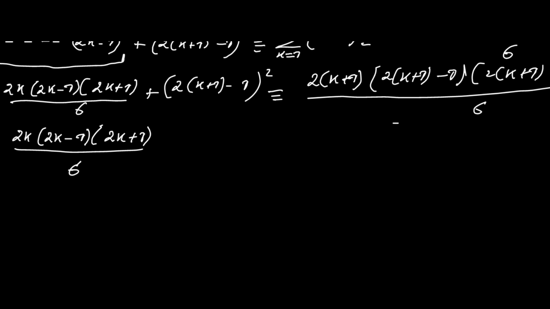So in order to create a 6 here as well, since we have 2 here, we're going to have a 6 divided by a 6. So we haven't actually changed anything. 2 into k plus 1 minus 1, all that squared. Since 6 divided by 6 is 1, this remains as it is.